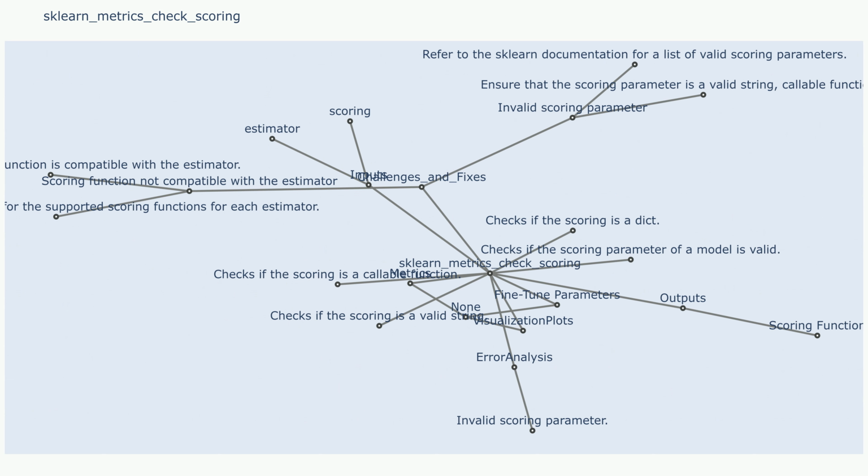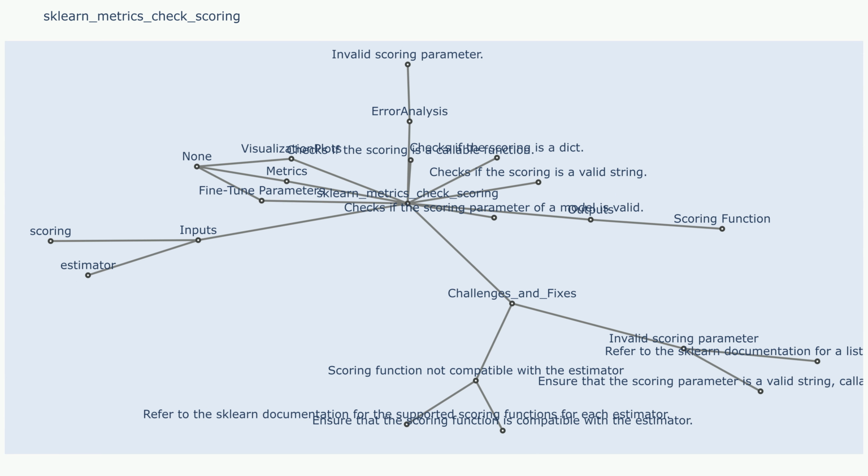Visualization plots. Confusion matrix. A table that visualizes the performance of a classification model by showing the counts of correctly and incorrectly classified instances for each class. Receiver operating characteristic (ROC) curve. A plot that shows the trade-off between the true positive rate and the false positive rate for different classification thresholds.